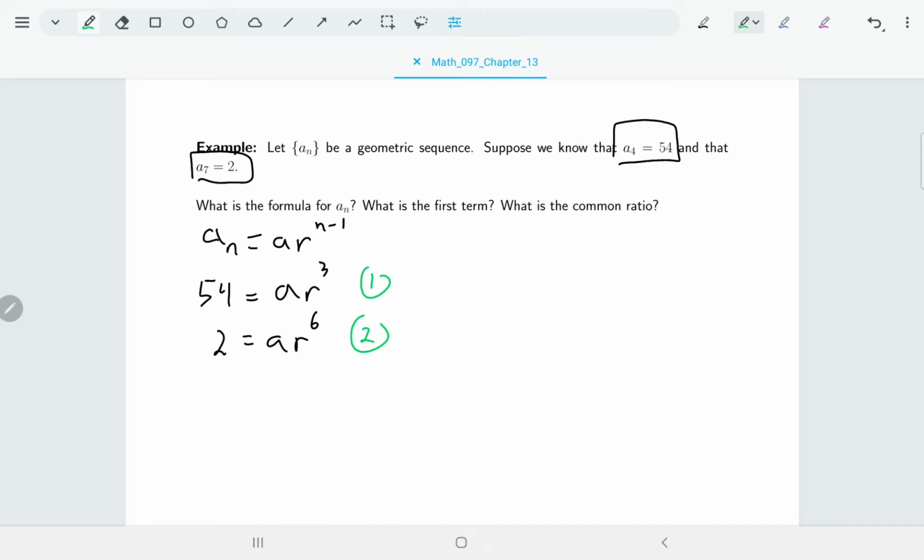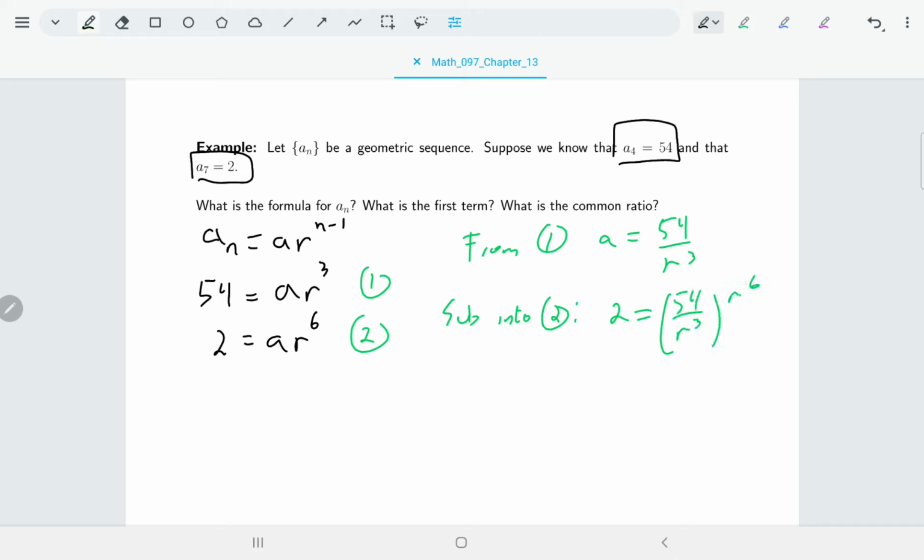I'm going to start with equation 1, where I can say that a is the same thing as 54 over r cubed, just by taking that first equation and solving for a. Then I'm going to substitute this into equation 2, replacing the a with 54 over r cubed.